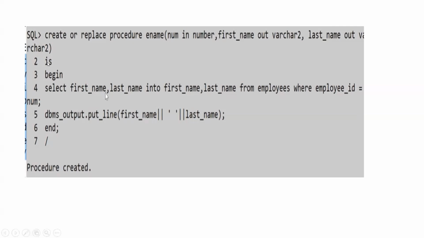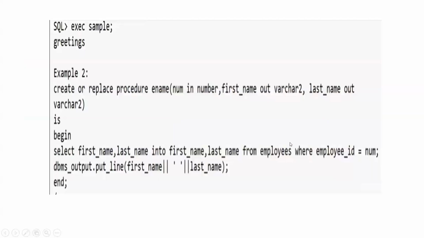It begins with IS, then BEGIN, SELECT. See this line: select first name, last name into first name, last name from employee where employee ID is equal to number. What is the meaning of this?